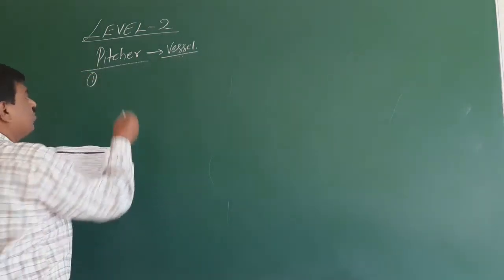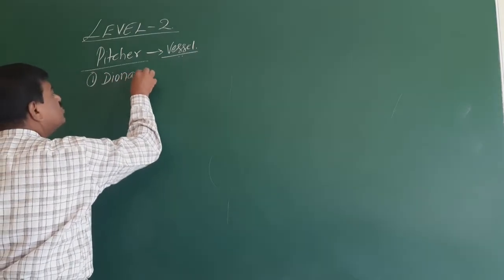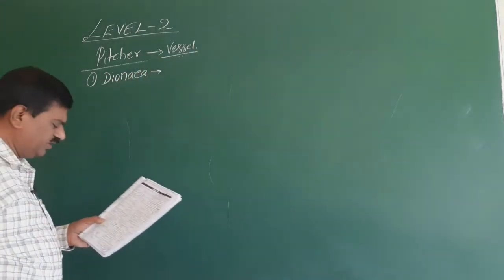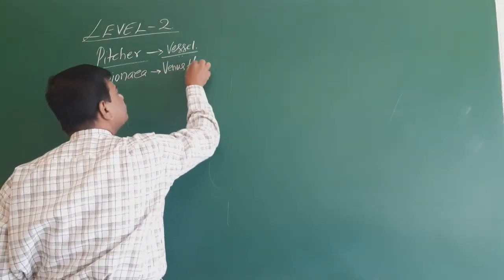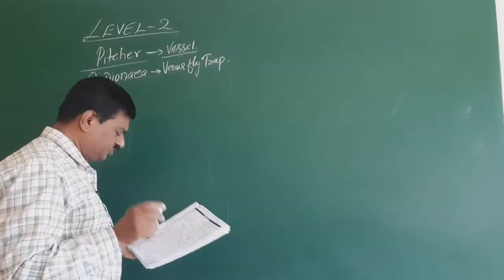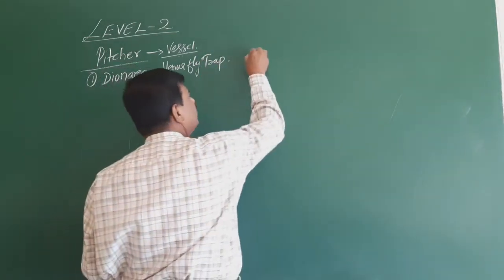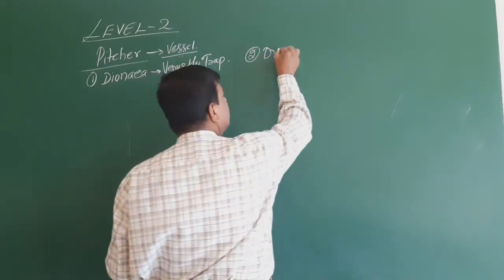The first one is called Dionaea. This Dionaea is nothing but Venus flytrap. This is one of the insectivorous plants. The second one is called Drosera.